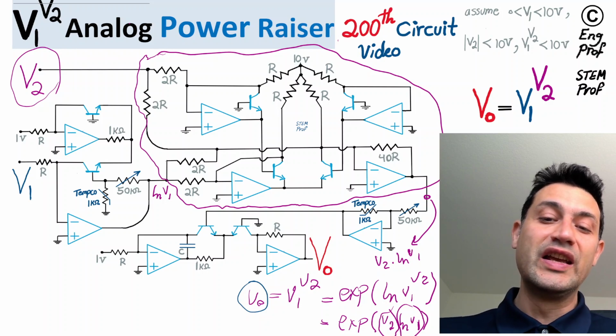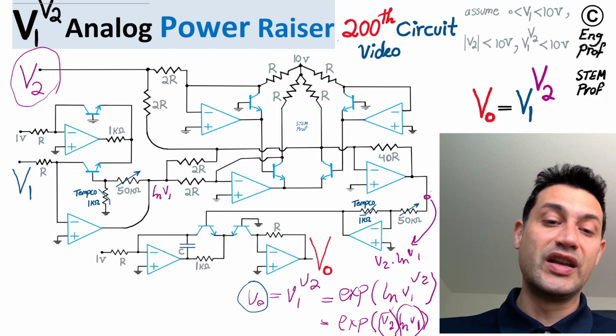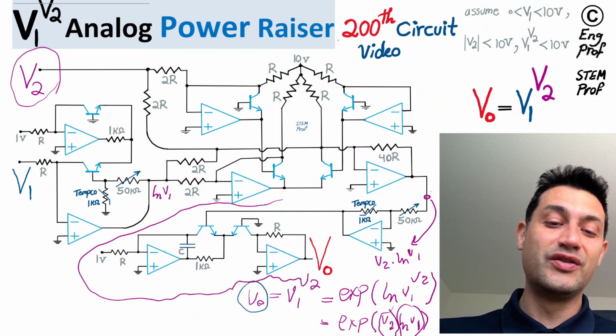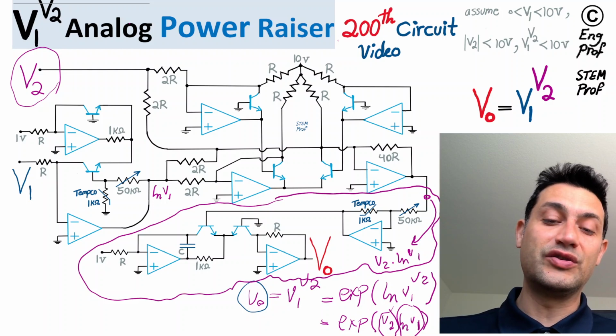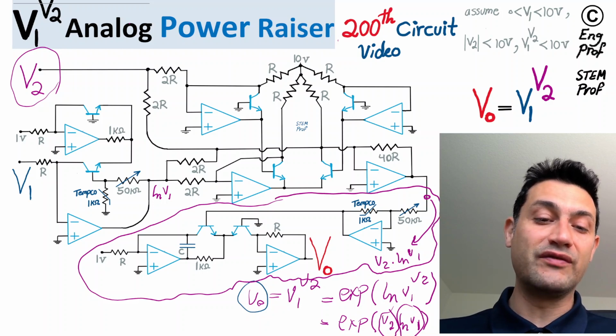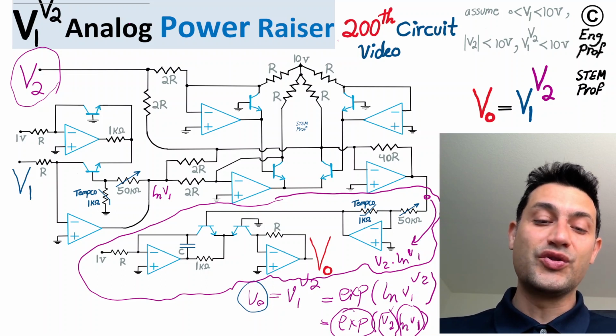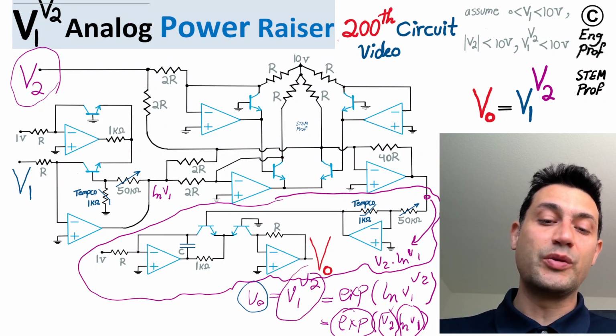And finally, from this node to the rest of the circuit, the third subcircuit is this one at the bottom, which is now receiving the analog product of the two inputs, V2 ln V1, and then computes the antilog, or basically e to the power, so that finally the output Vout would be effectively just V1 raised to the power V2.